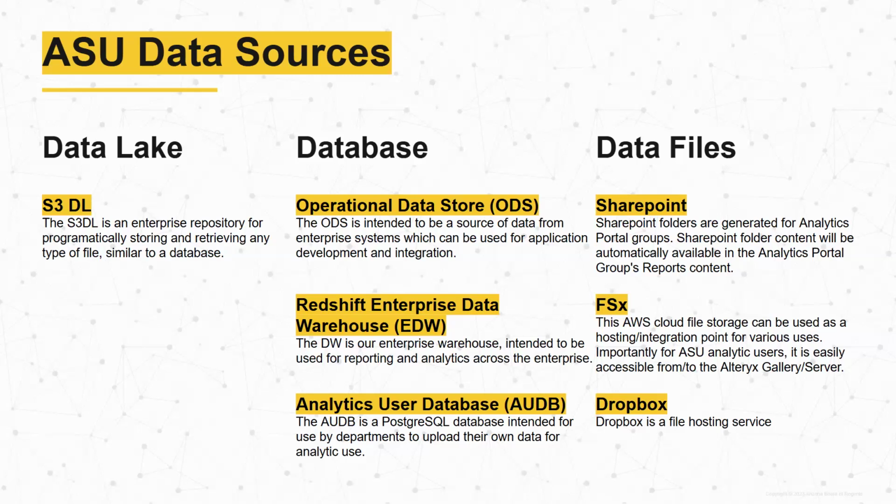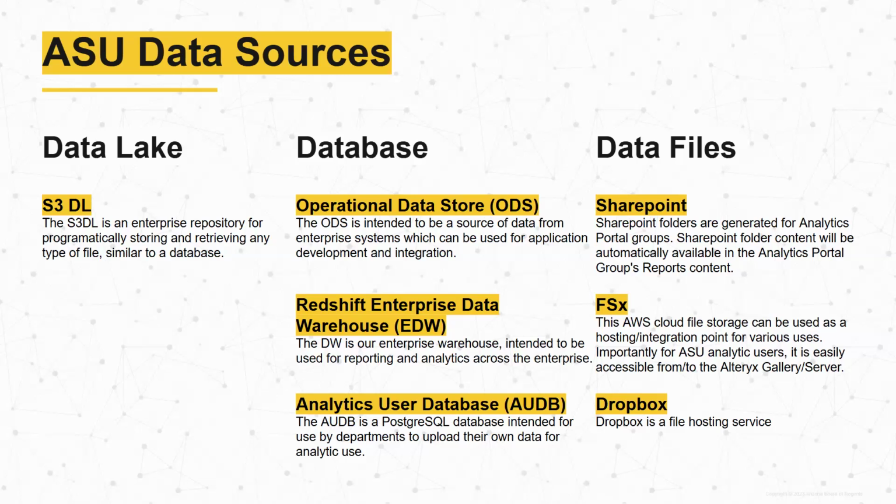Next, we have Redshift, also called our Enterprise Data Warehouse, or EDW. This is really the main source of data that a lot of analysts are using at ASU. So it's intended for reporting and analytics across the enterprise. And lastly, we have our AUDB, or Analytics User Database.